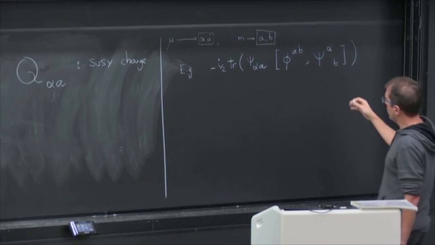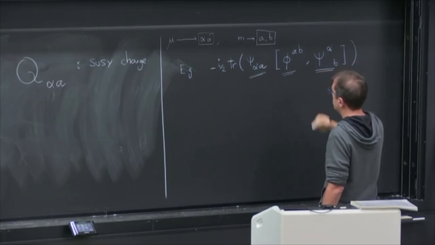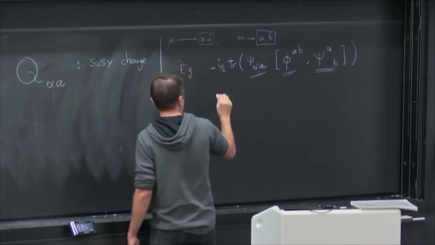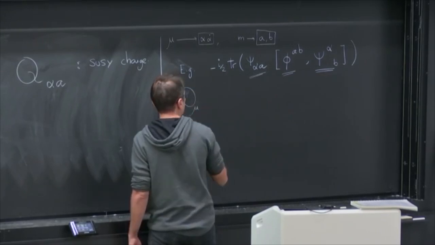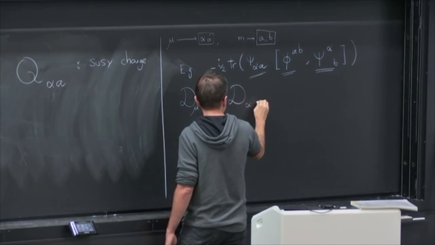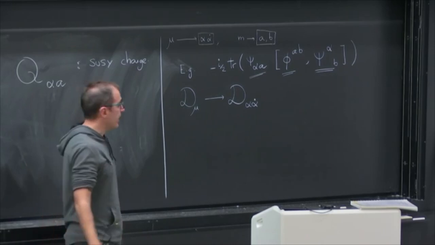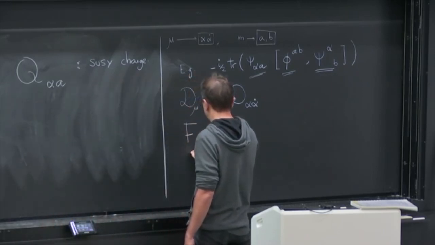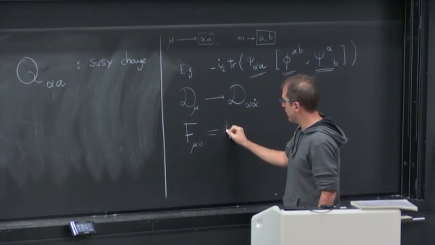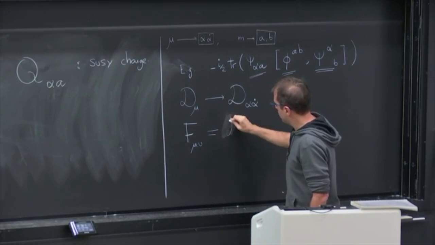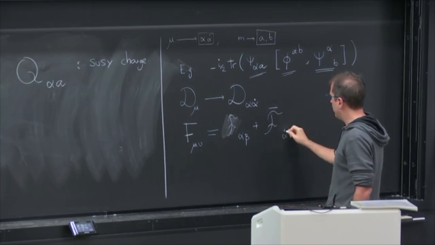But now, the fundamental type of objects that I have are this object, this object, this object. If I want gauge invariant operators, there will also be covariant derivatives, D mu, that I just convert to D alpha alpha dot. And finally, there is F mu nu. And you know that F mu nu, when you convert into indices alpha and alpha dot, becomes F alpha beta plus F bar alpha dot beta dot.